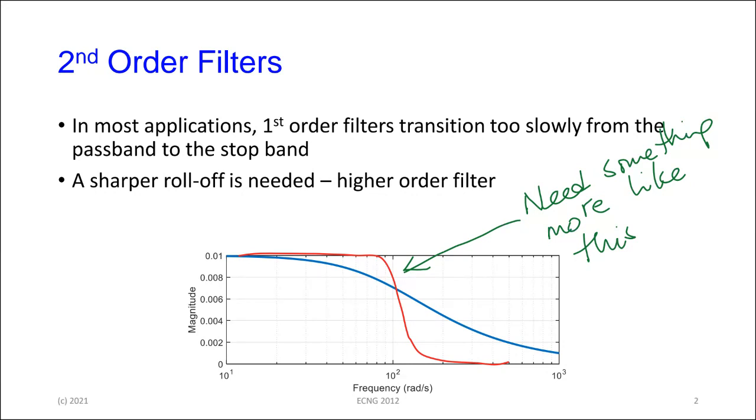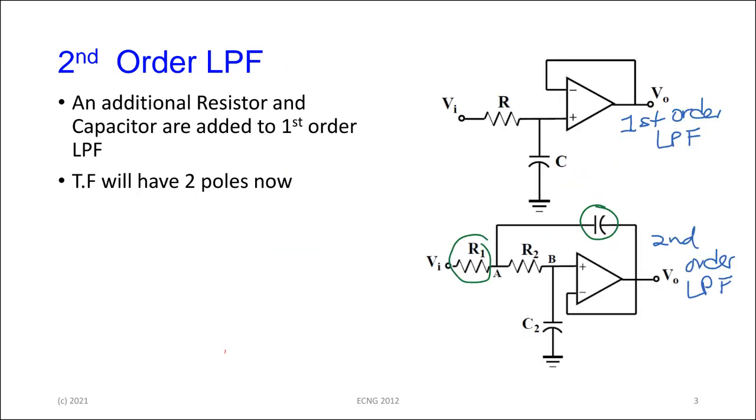The one in the blue line, which is a typical first order response, has a long transition from pass band to stop band, which means that some of the things that you don't want, which is what a filter is supposed to get rid of, still a significant portion of that is going to be allowed through. So what we need to do is to change that transition rate and crank it up. And we do that by adding more resistors and capacitors to the network.